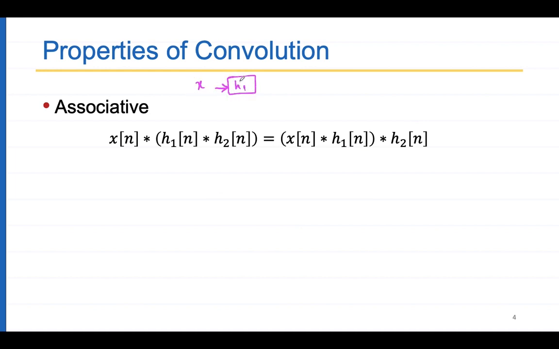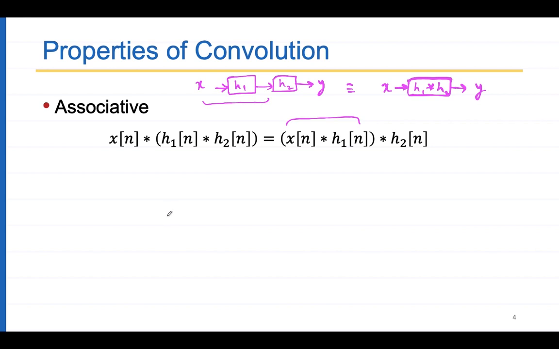I pass my x through h1. This is this part, and then this output is passed through a system h2 to get my y. This is equivalent to x passing through a complete system which is h1 convolved with h2. The output is y.